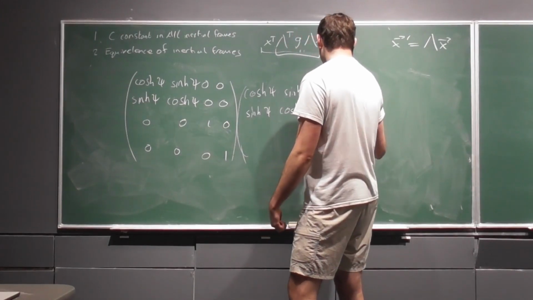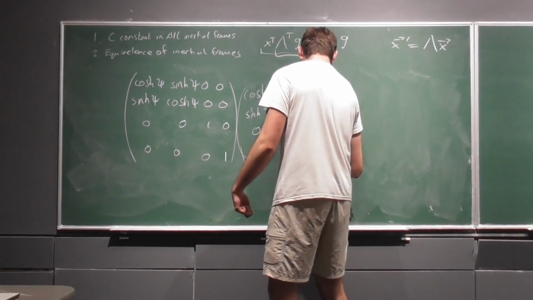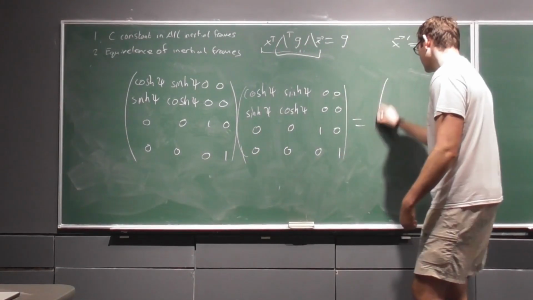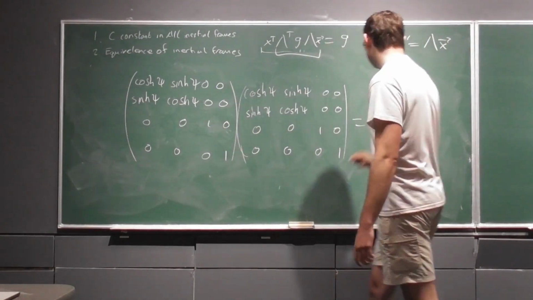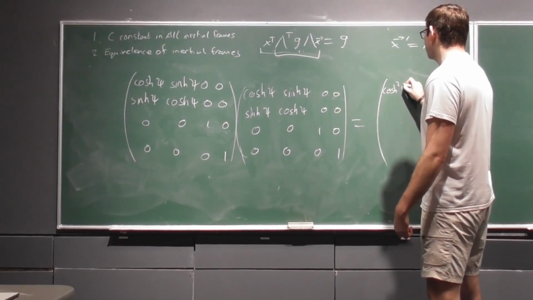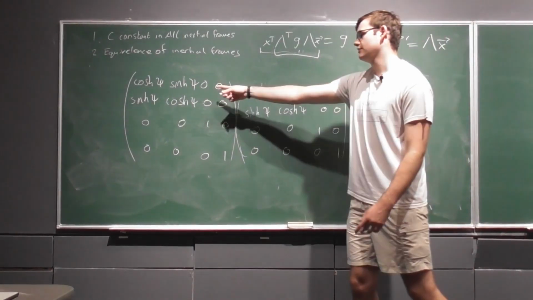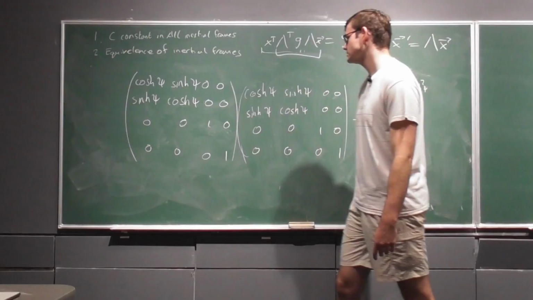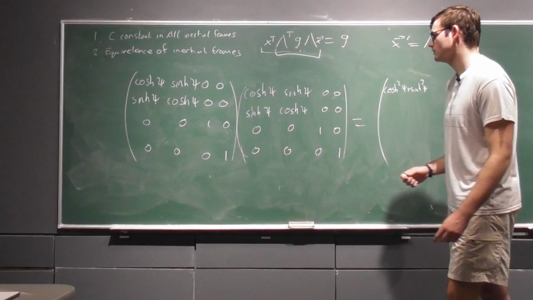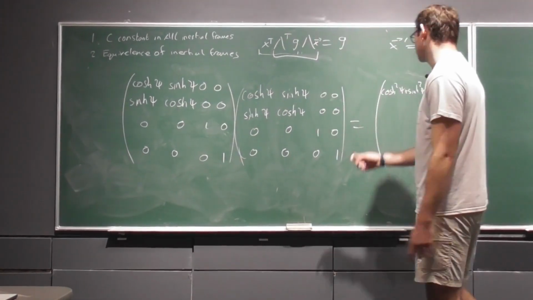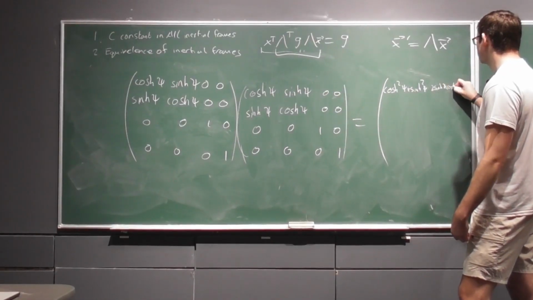Cosh psi, 0, 0, 0, 0, 1, 0, 0, 0, 0, 1. Okay, so this is going to give me cosh squared psi plus sinh squared psi in the first entry. The second row, cosh times sinh plus cosh times sinh, so this is 2 sinh psi cosh psi.